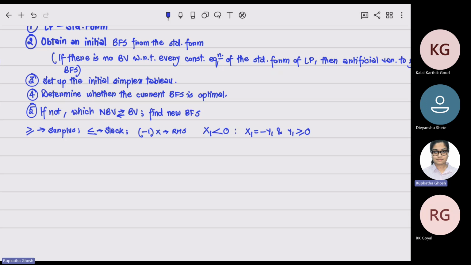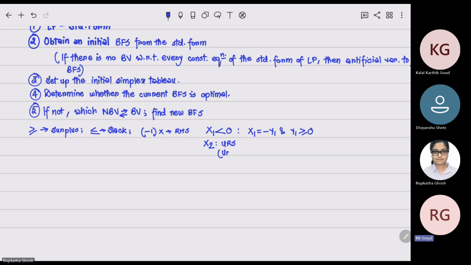Okay. What if your decision variable is unrestricted in sign? That is, it can be less than 0 or equal to 0 or greater than or equal to 0. What did you say? Unrestricted. So what does this URS stand for? URS means unrestricted in sign. In sign means what?